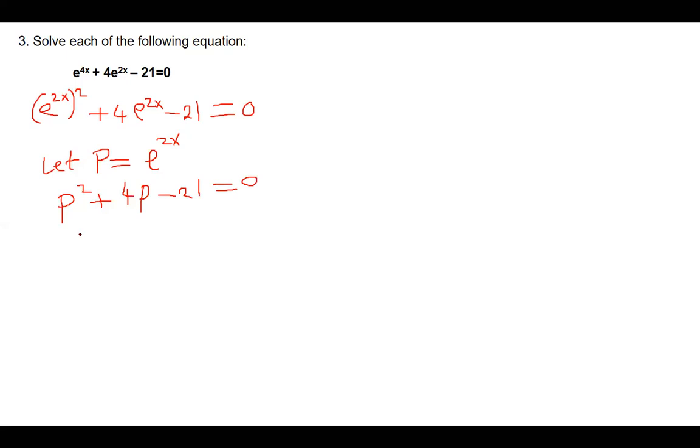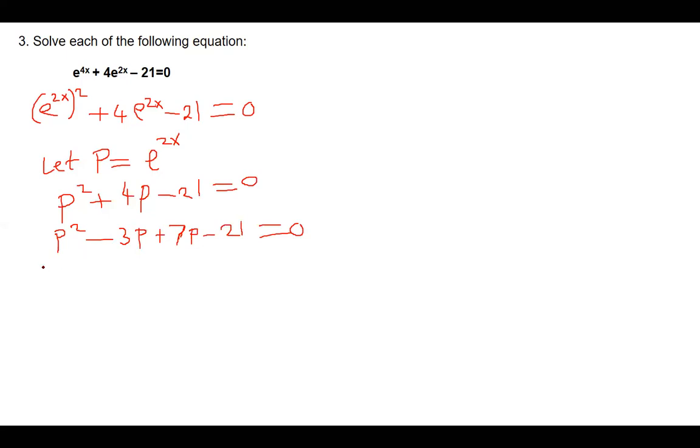So we find the factors and the product and the sum there. You discover that you have something like this: p squared, and then this is going to be negative 3p positive 7p, minus 21 is equal to 0.